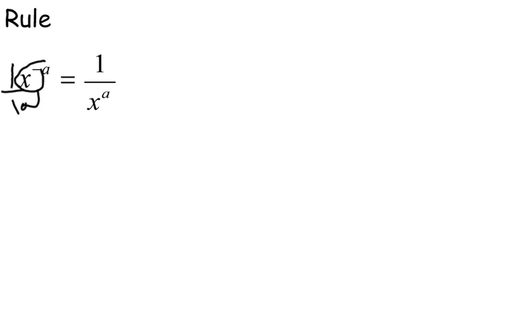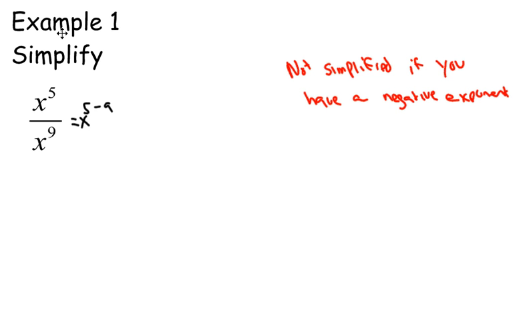That's all you're going to do. Just bring the variable with the negative exponent to the denominator, and the coefficient is just going to stay right where it is. So here we got x to the negative 4.